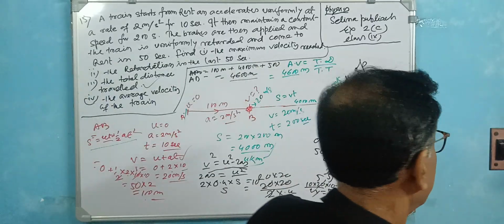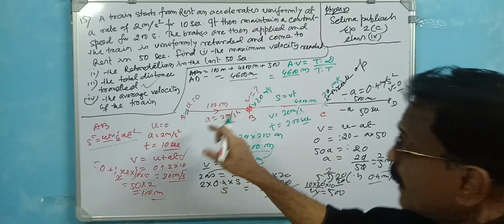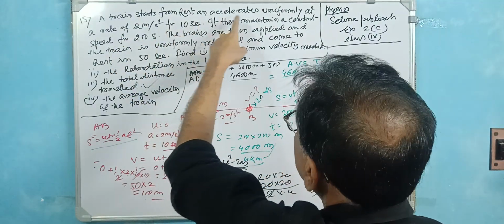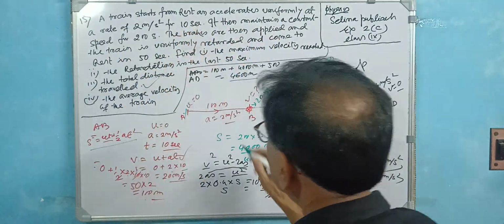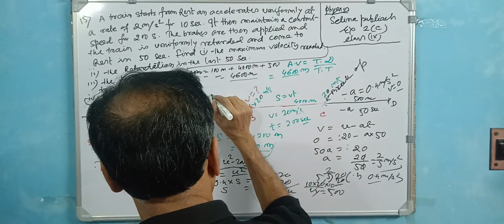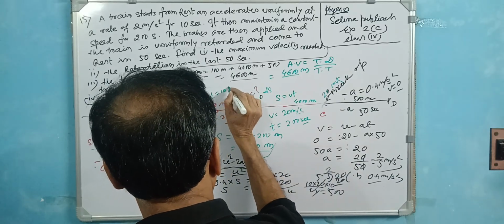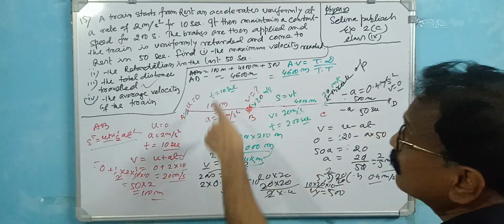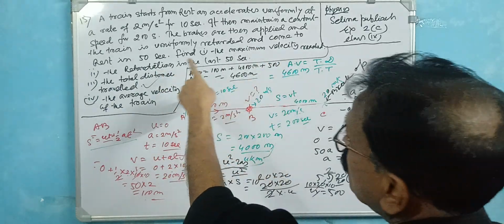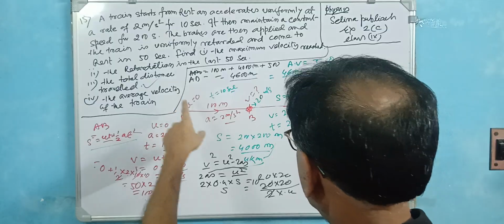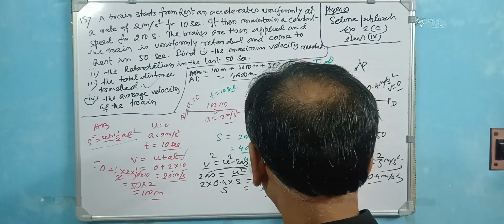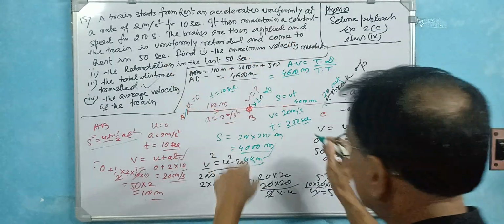Total time you calculate. A train starts from rest and accelerates uniformly at this rate for 10 seconds, so t is 10 second. The brake is applied and it is uniformly retarded and comes to rest in 50 seconds.